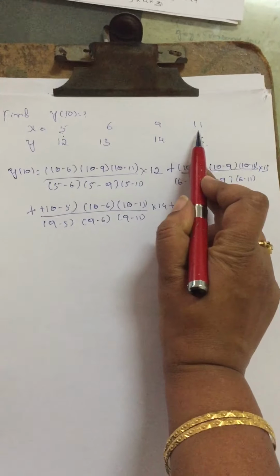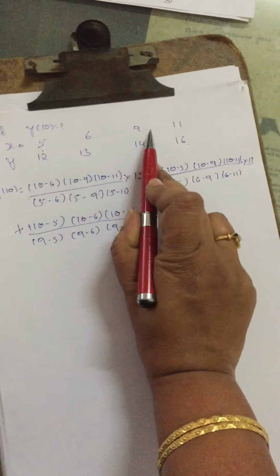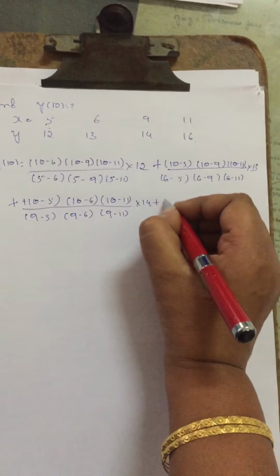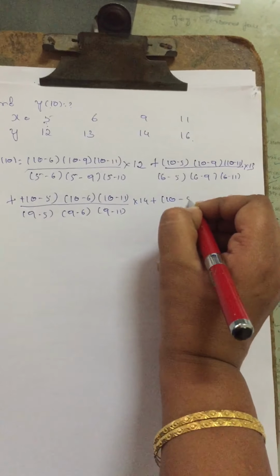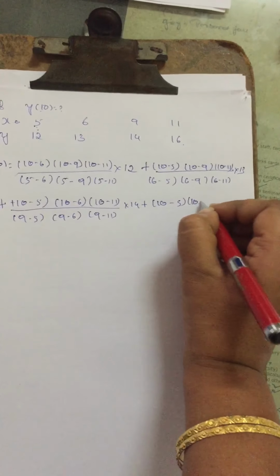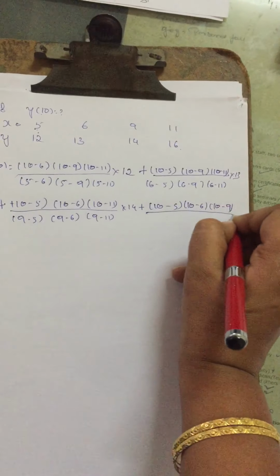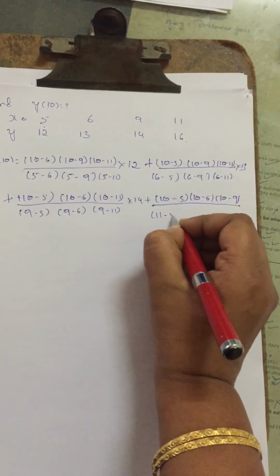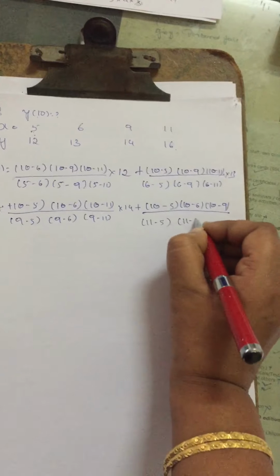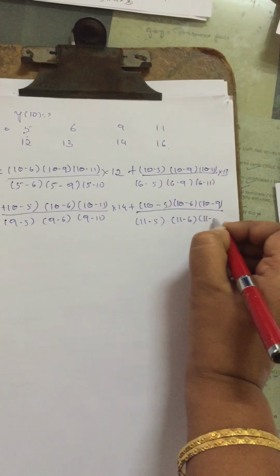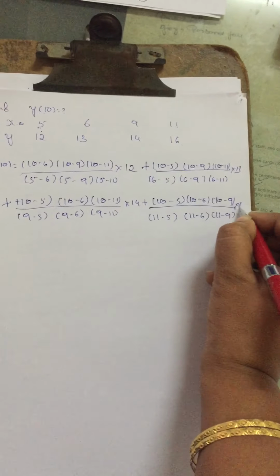In the fourth term neglect the fourth term, remaining terms subtract with 10, that is 10 minus 5, 10 minus 6, 10 minus 9 divided by 11 minus 5, 11 minus 6, 11 minus 9 into 16.